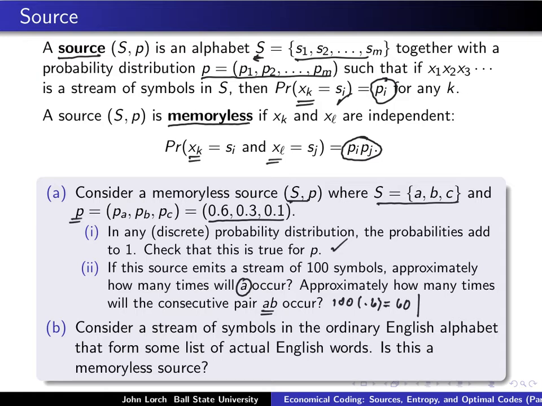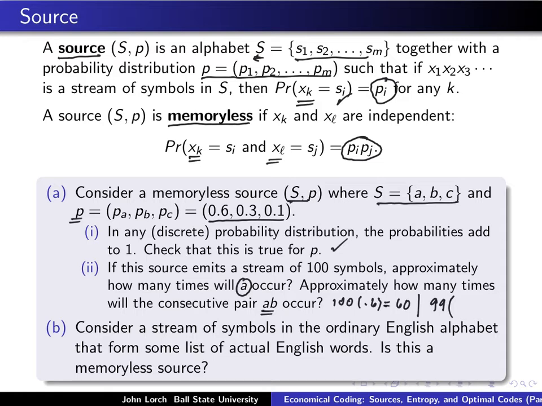So there are 99 consecutive pairs of locations in a stream of 100 symbols. And then what's the probability that the pair AB occurs in each one of those consecutive pairs of locations?